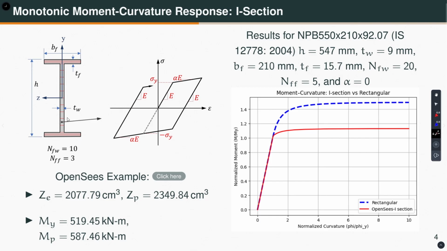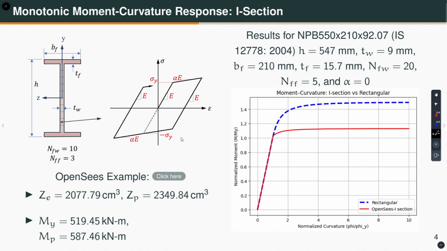Each fiber, as I am showing schematically, is defined by the stress strain response. In this case, I am showing a bilinear plastic response, where alpha is the strain hardening ratio. You can set it equal to some value, or you can make it equal to 0.